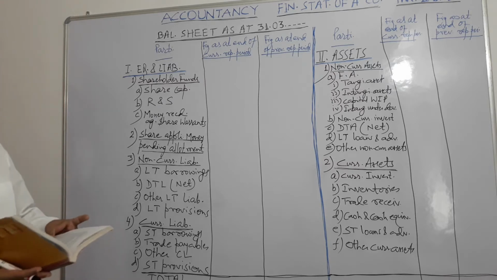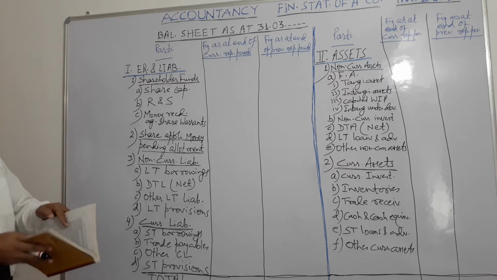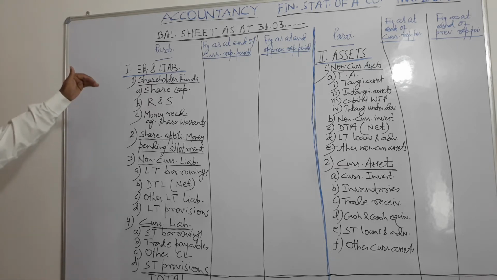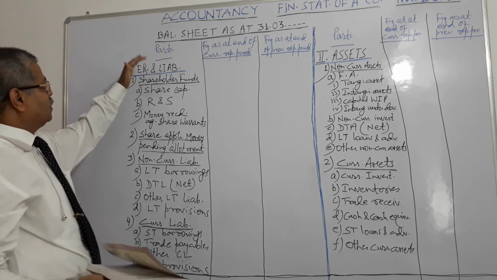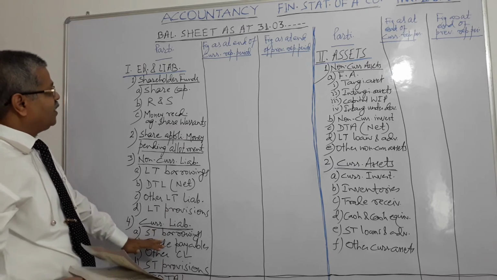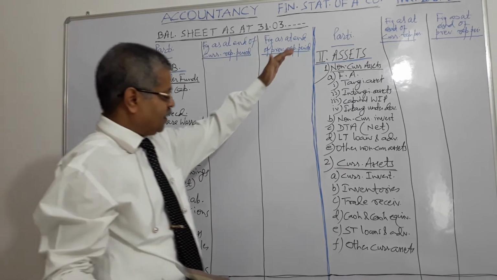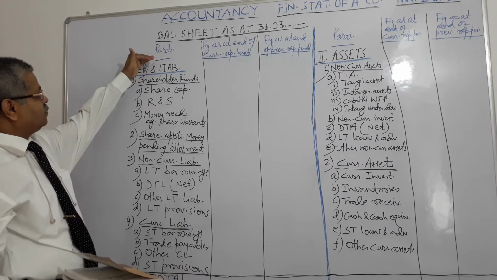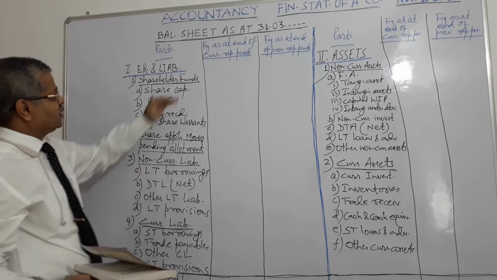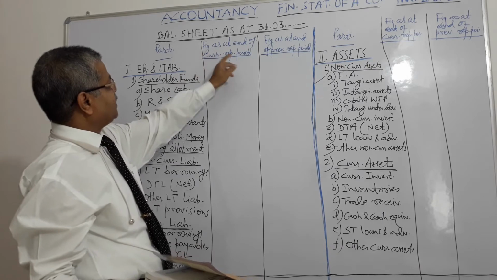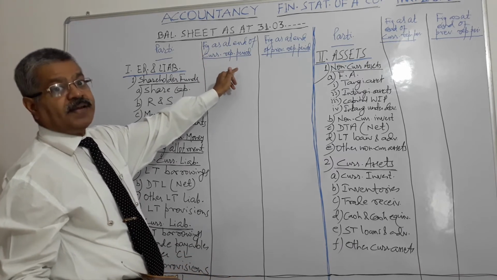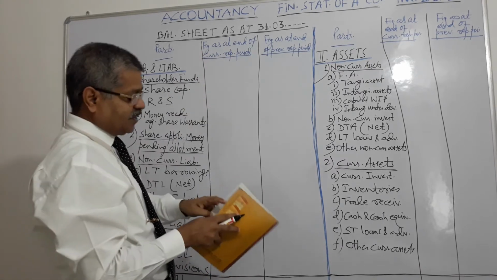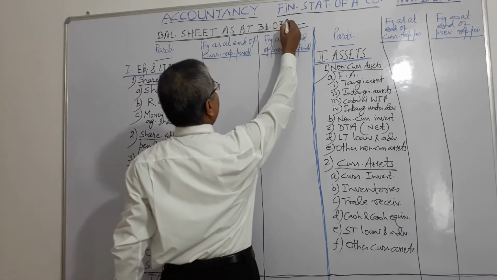See here, you need to notice it very carefully. Here we have liabilities, here we have assets, right? Particulars, first column is particulars, second is figures as at the end of current reporting period.